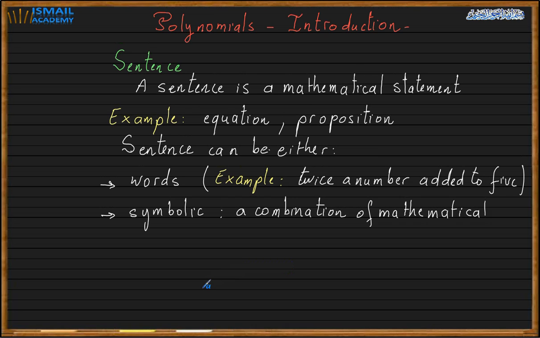So let's give you an example: 2 plus 5, 3x minus 9. Those are symbolic sentences.